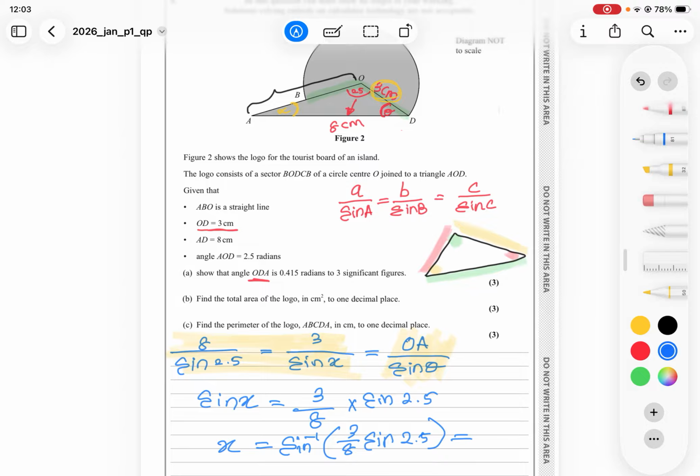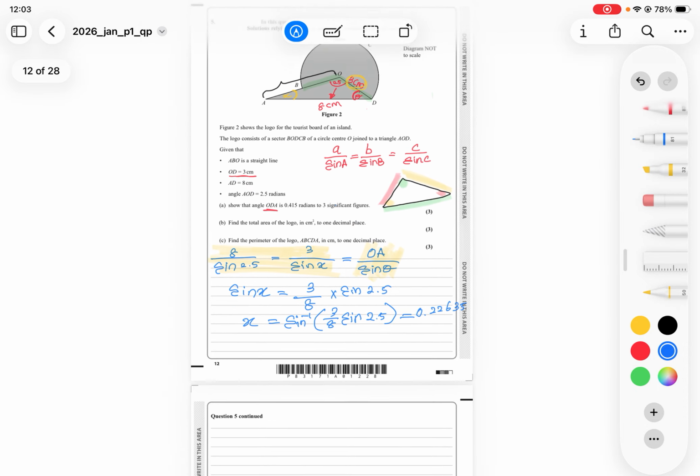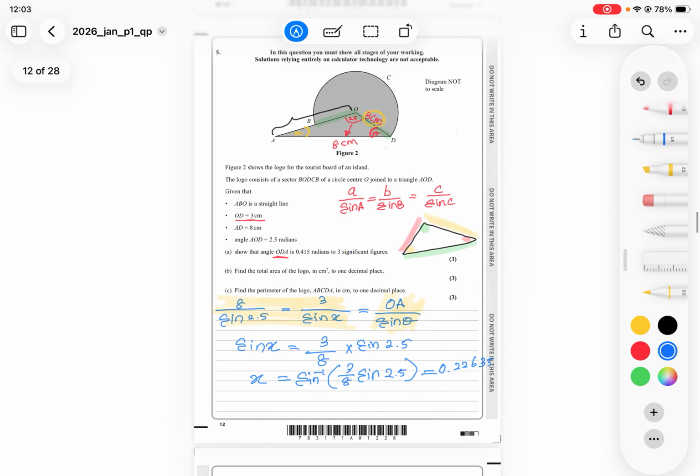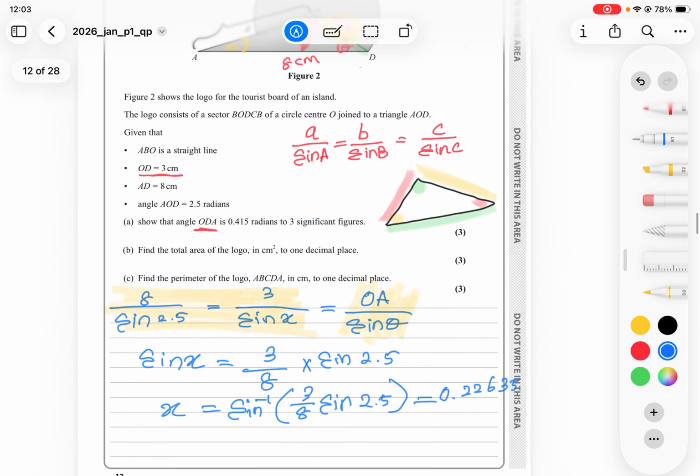The reason for going for x is, once we have the x value, it's just a matter of subtraction. Here the answer is 0.22635. We know angles in a triangle sum up to pi.